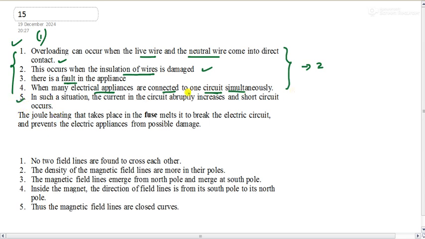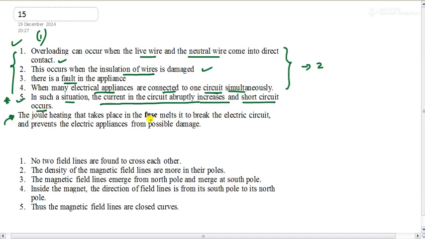What happens during such cases? In such a situation, this point you have to write, this is very important. The current in the circuit abruptly increases and the short circuit occurs. So how is the fuse going to protect that? For that we have the answer here, the function of the fuse.